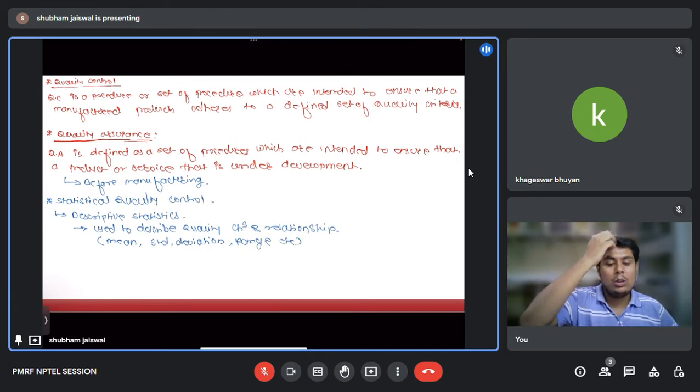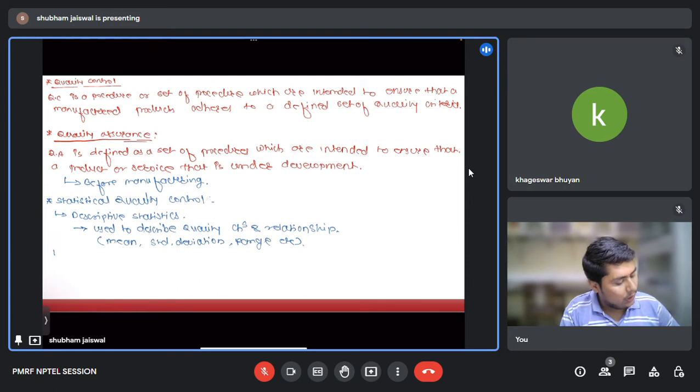After that we saw statistical process control. It is generally used to determine whether our process is functioning properly or not.